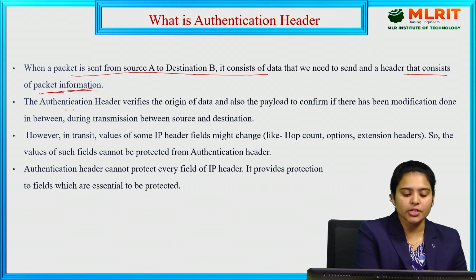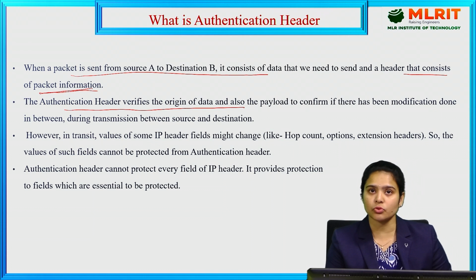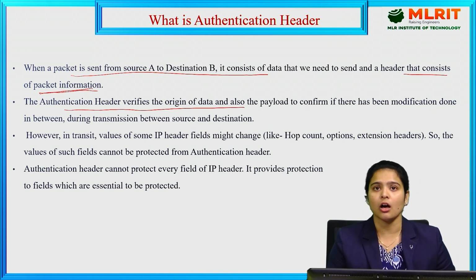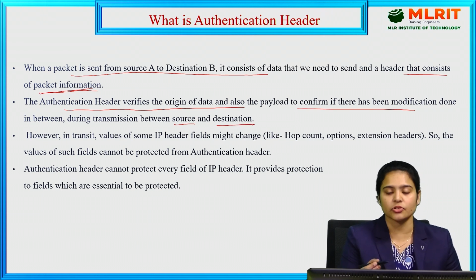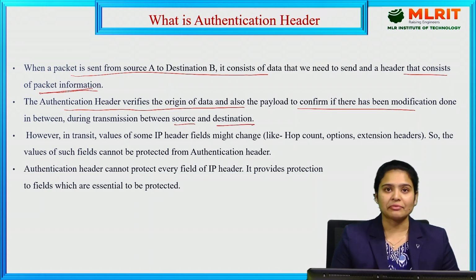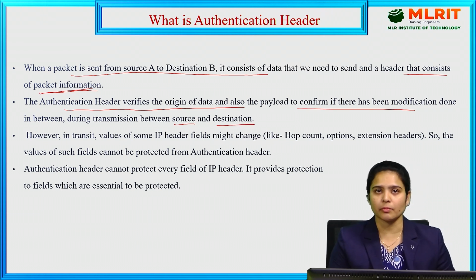After sending from source to destination, the authentication header verifies the completeness of the data and confirms whether any modifications were done in between during transmission from the source to the destination.